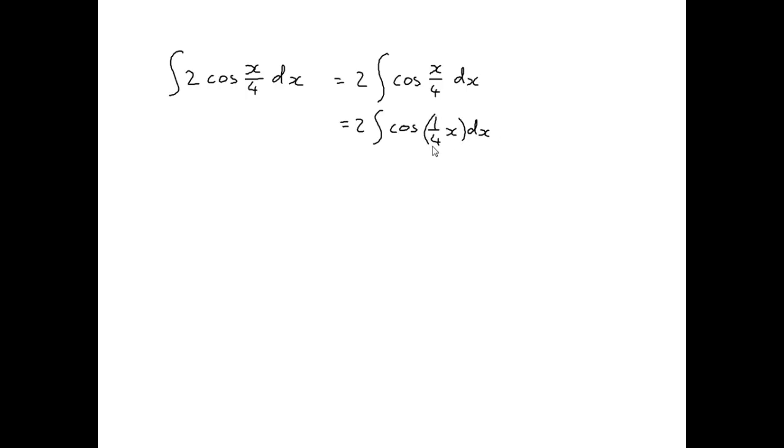So that's going to become 2 outside of 1 over 1/4 sine(1/4 x) plus c. 1 over 1/4 is the same as 4, so invert and multiply.